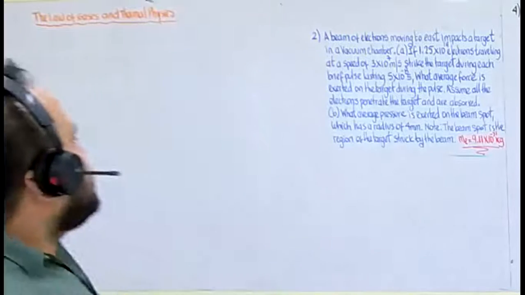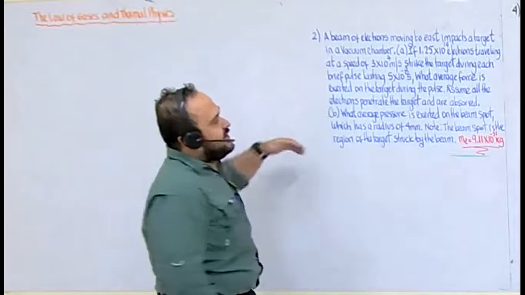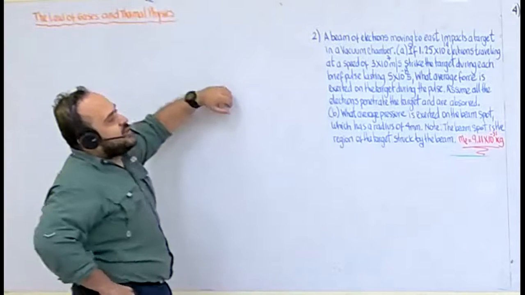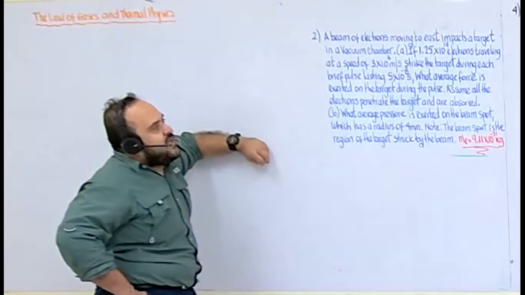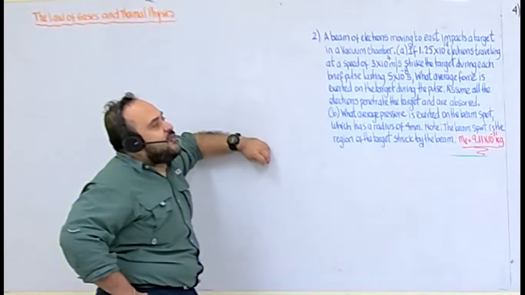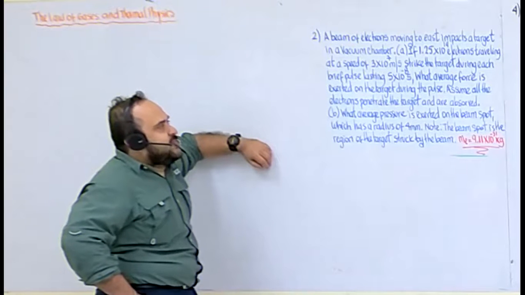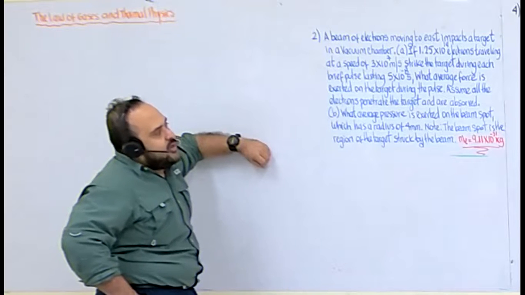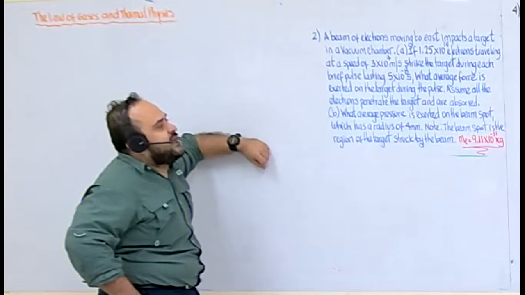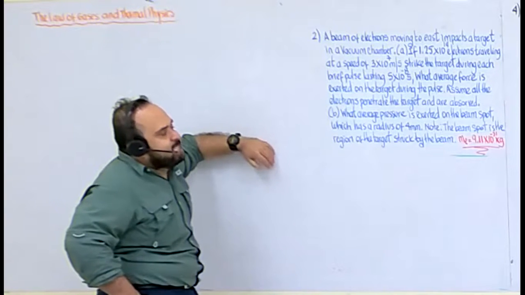So in the problem number 2 is mentioned a beam of electron moving to east, I mean to the right side, impacts a target in a vacuum chamber. Okay. If 1.25 times 10 to the 14 power electrons traveling at a speed of 3 times 10 to the 7 power meters per second strike the target during each brief pulse lasting 5 times 10 to the negative 8 power seconds.